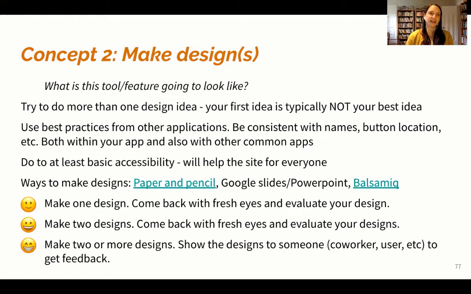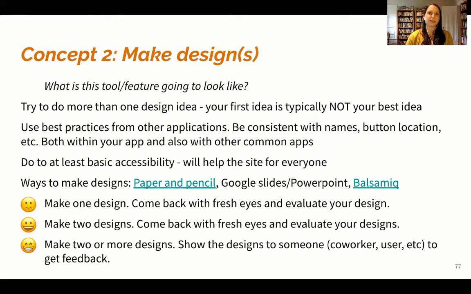In general, I encourage you to use best practices from other applications. So this can be other bioinformatics tools, or it can even be tools outside of bioinformatics. It's important to be consistent with the names of things, the button location, et cetera. Consistency is going to help people to understand how to navigate through your application.